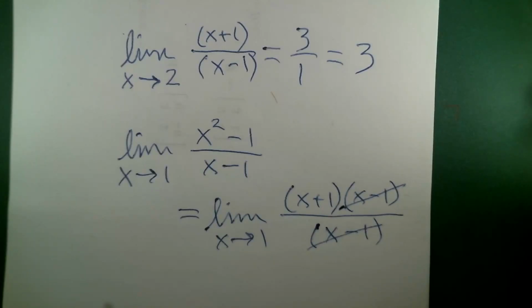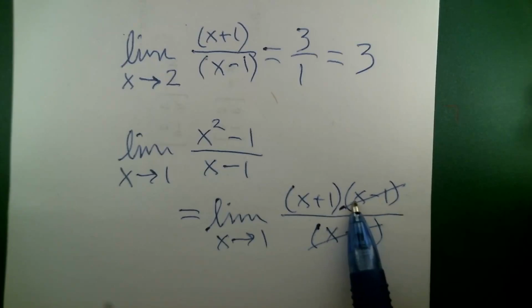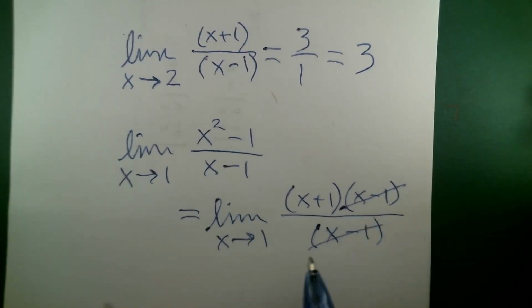And, well, that's okay for us here, because when x minus 1 is 0, x must be equal to 1. And when we take the limit as x approaches 1, we don't care about what happens when x is equal to 1. We just want to know what happens as x approaches 1. So while you're doing this limit stuff, you can assume that x is not equal to 1.